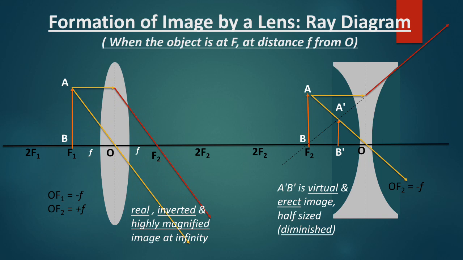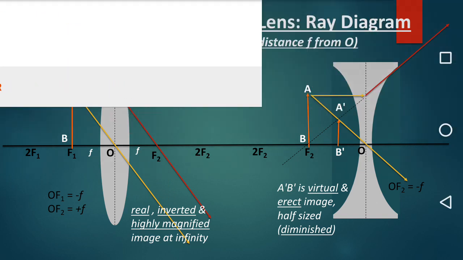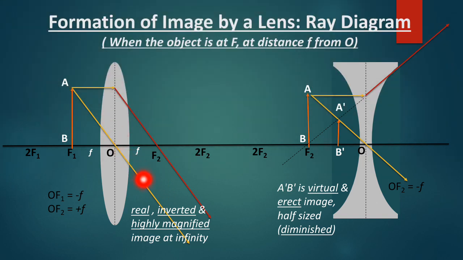So we will write a real, inverted, and highly magnified image at infinity, because these two are parallel rays, they will not meet. Even if we produce the rays backward, they will not meet. So we take that those rays will meet at infinity, where we get a real, inverted, and highly magnified image, correct?